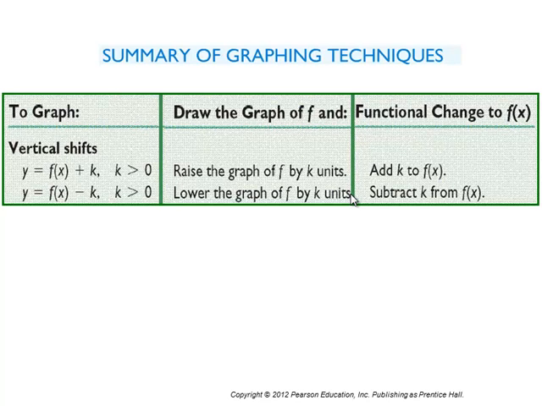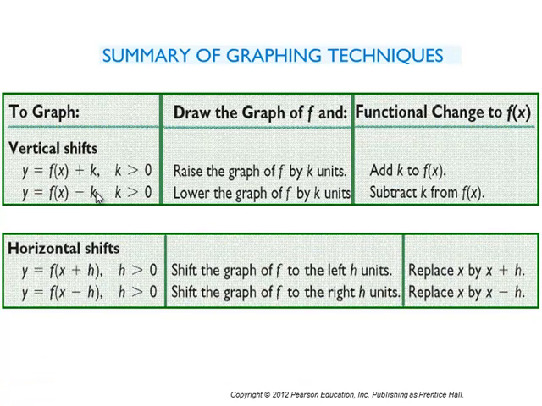So let's just go through a quick summary. I know we've covered a lot of transformations, and you're going to need to play with several of these functions on your homework to really master this. Adding k or subtracting k to the function results in a vertical shift, either upward or downward, k units, depending on if you're adding or subtracting, respectively.